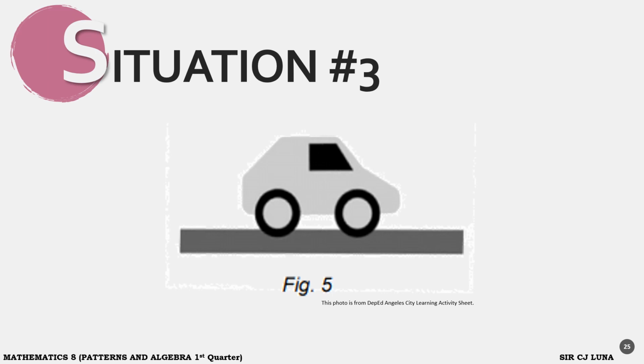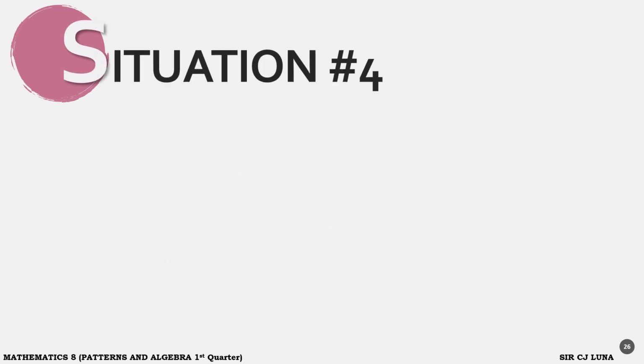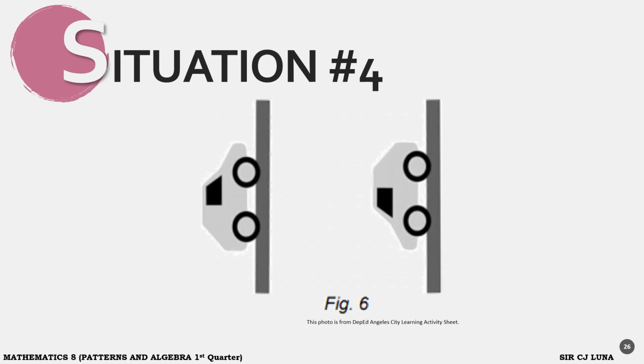Okay? Good. Situation 4. Ayan. Is it possible to drive like the illustrations shown? Impossible, di ba? Wala namang daan na ganyan. Okay? Kaya nga, it's also impossible to walk on a vertical wall. Okay?